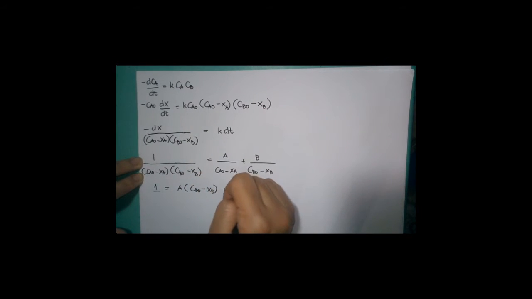We have to simplify this. We have A times (CBO minus XB) plus B times (CAO minus XA).